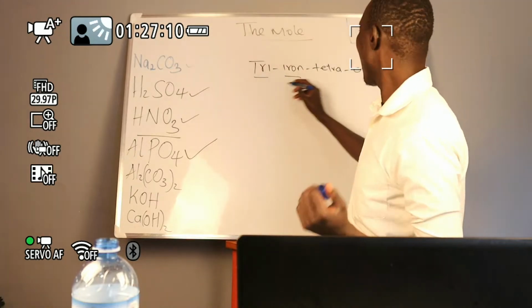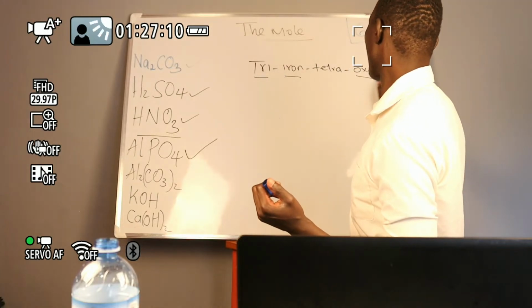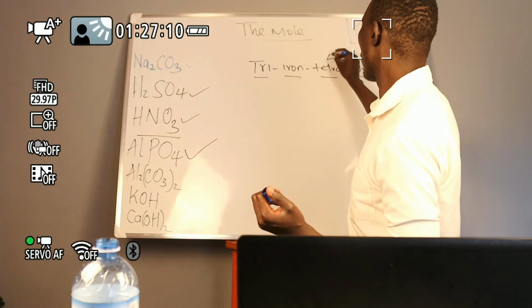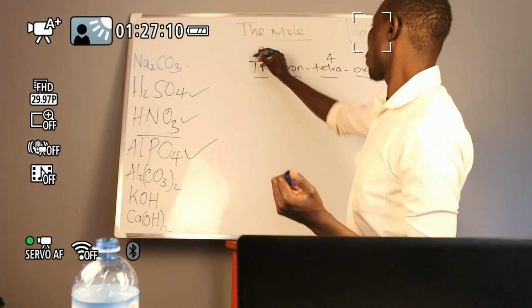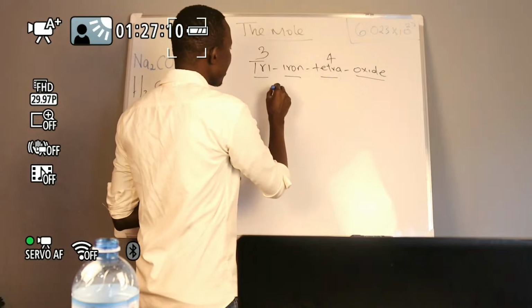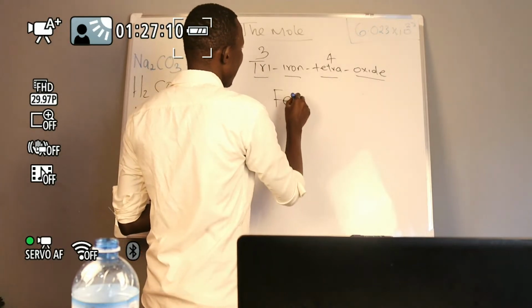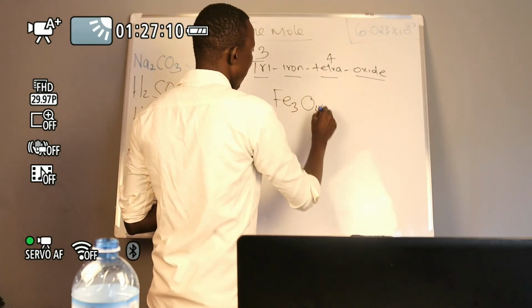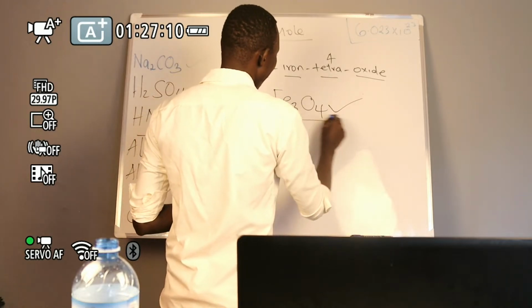Tri means 3. Here we have oxygen which is tetra. Tetra means 4. This is 3. So try iron, write Fe and write 3, then O4. This is called tri-iron tetroxide.